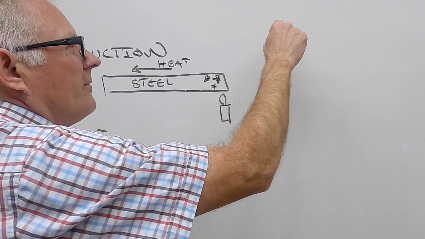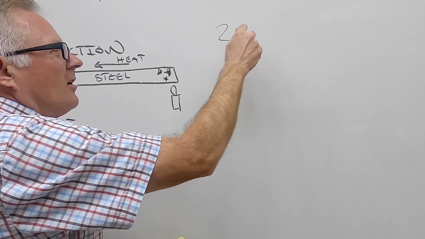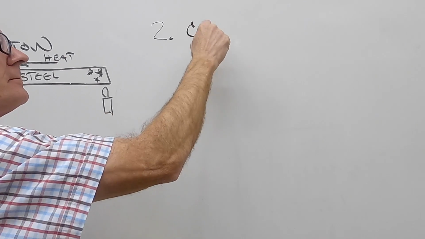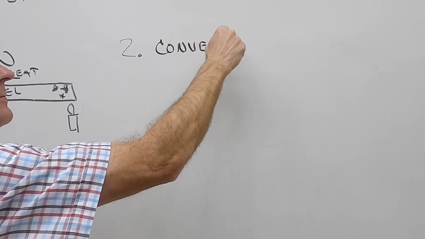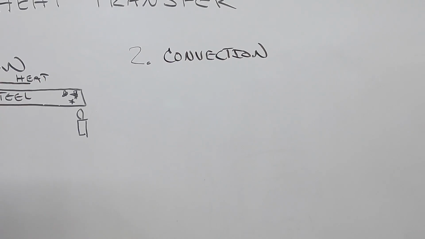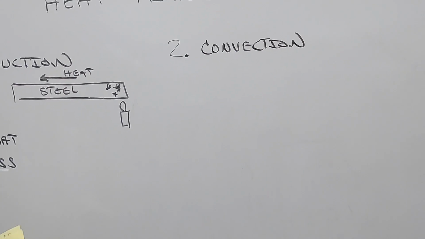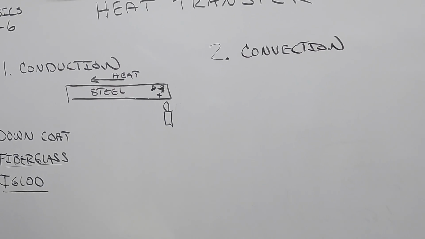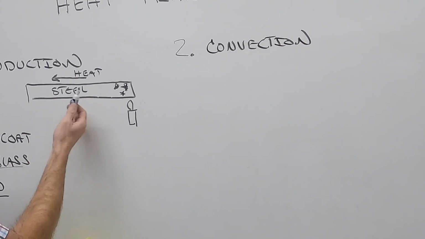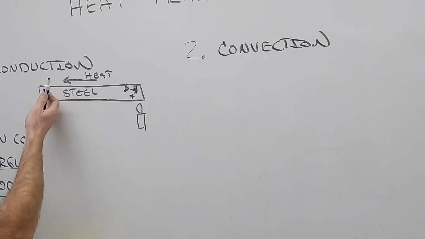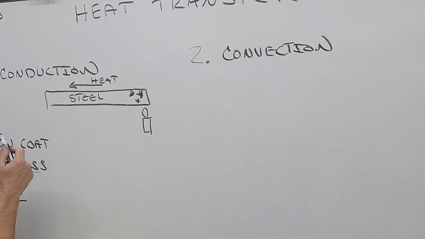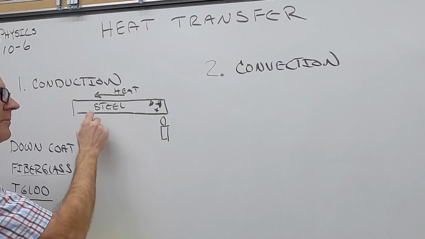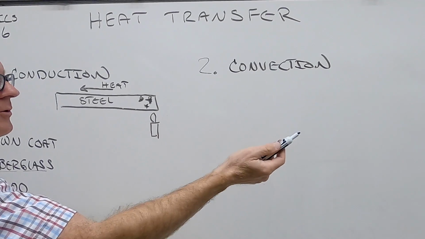The second way of moving around heat is called convection. Convection is where the material actually moves. Here, you notice the steel didn't move. We just shook their neighbors, and pretty soon this end got hot right here. But suppose we heated up this bar and threw it across the room.